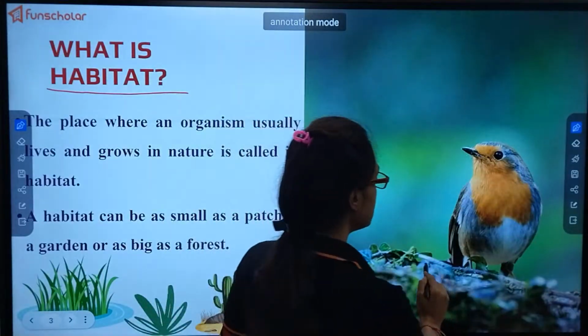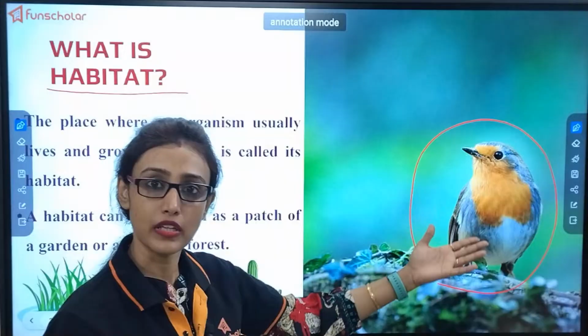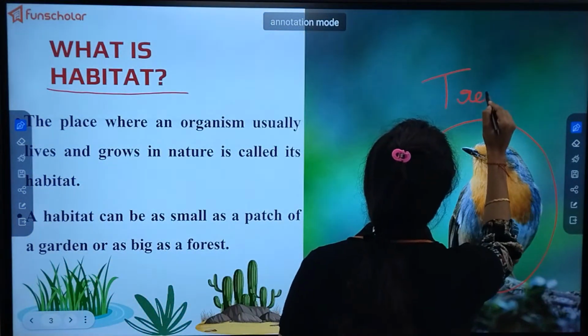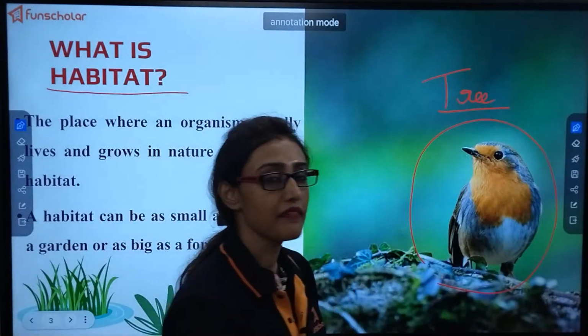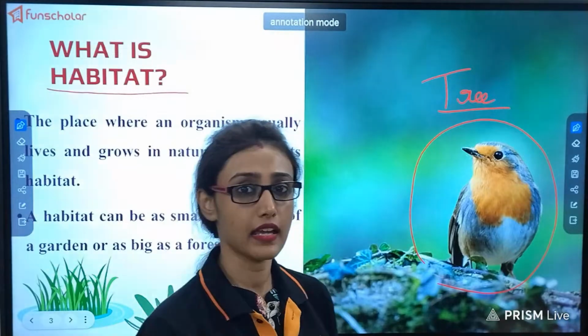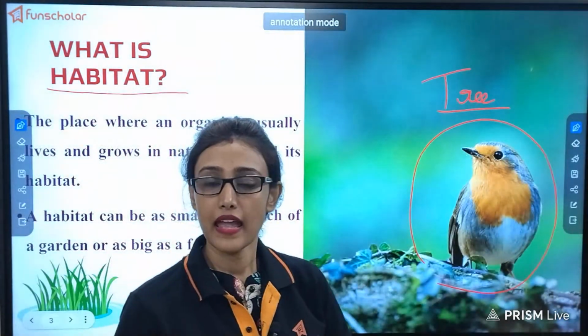Where do you think this bird lives? This bird lives on a tree, so its habitat is a tree. Have you seen monkeys? Where do they live? They live in trees again, so their habitat is a tree.